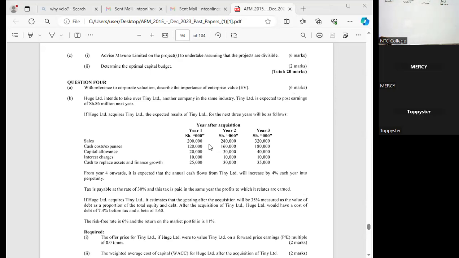Cash cost of expenses. We have 120, which needs to be subtracted. We have 160.